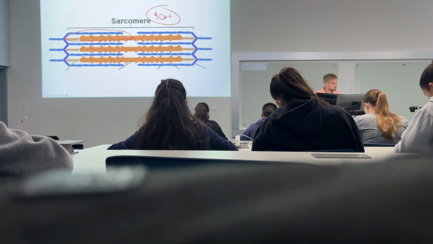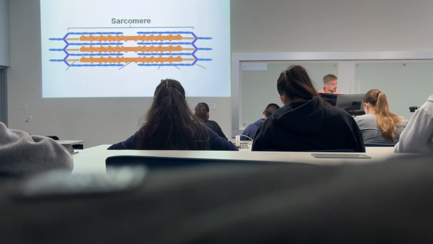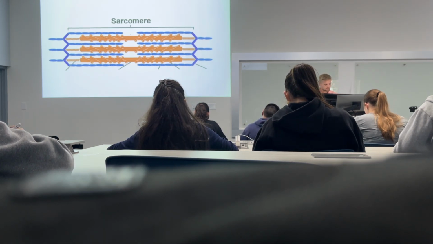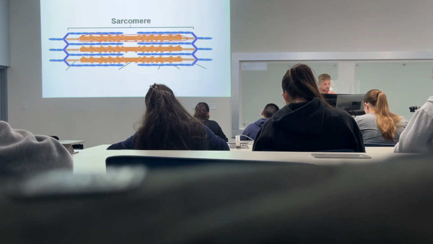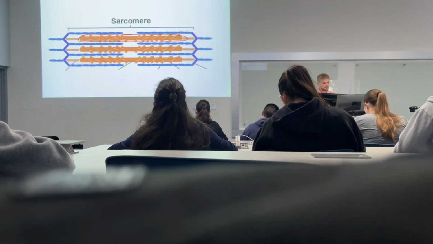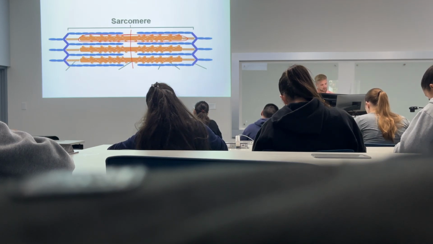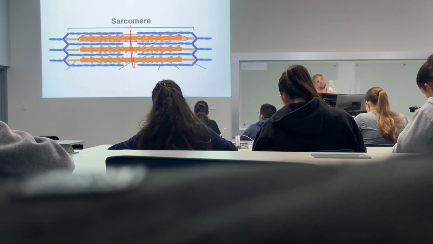We'll come back to that in a little bit, but for now, let's focus on the structure of myosin. What about the myosin filament? The myosin filament is the thick filament that comes off of the M line. How is it structured?